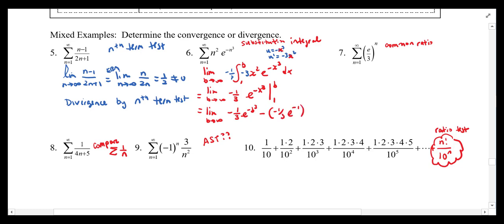Well, as b goes to infinity, e to the negative infinity is 0, so that term is just 0. 0 plus 1/3 e is really 1/3 e, which means that this is a number. So therefore, this series converges by the integral test.